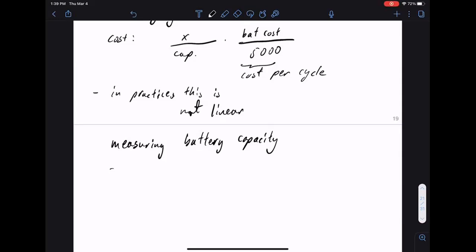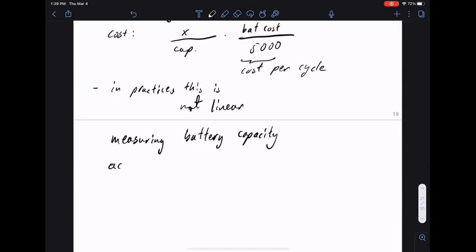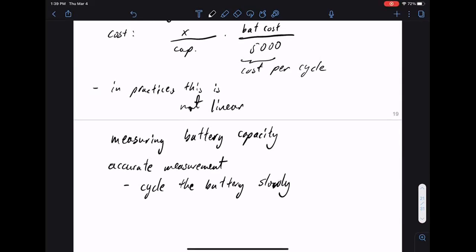Right, so the most accurate measurement: you cycle the battery slowly. So in this test cycling, you cycle very slowly. For example, 1/24C.